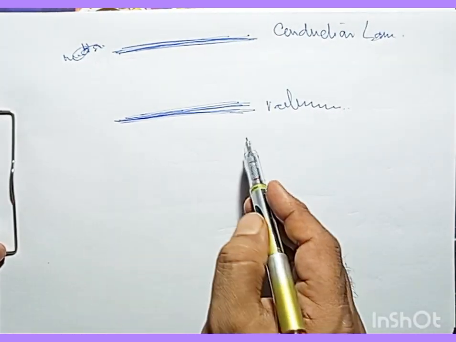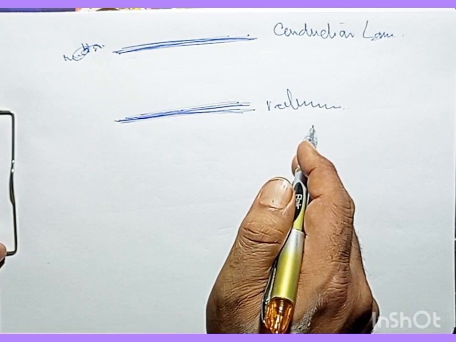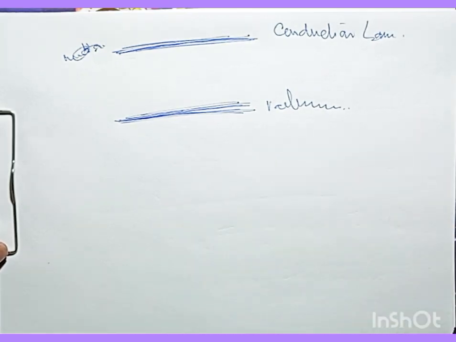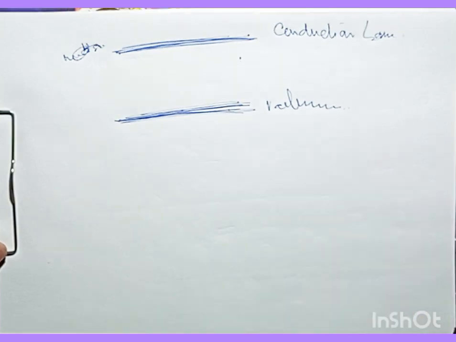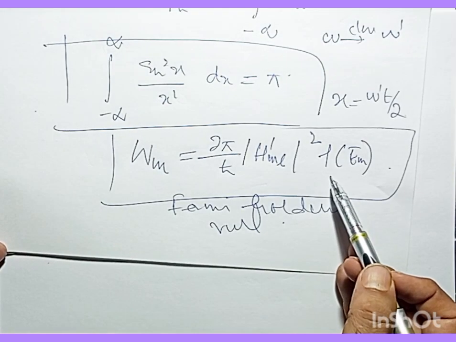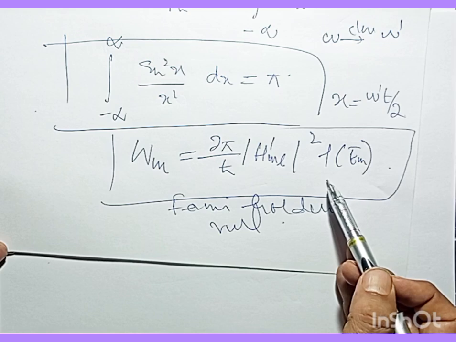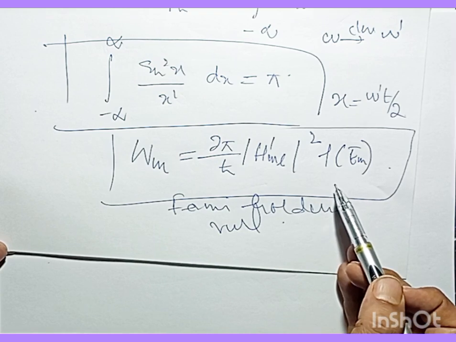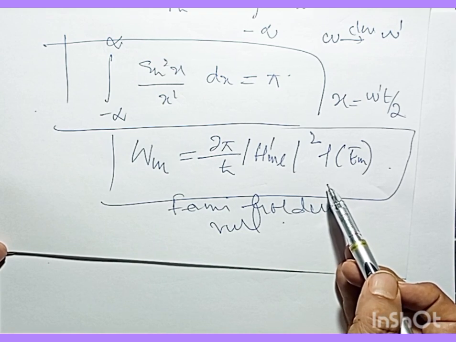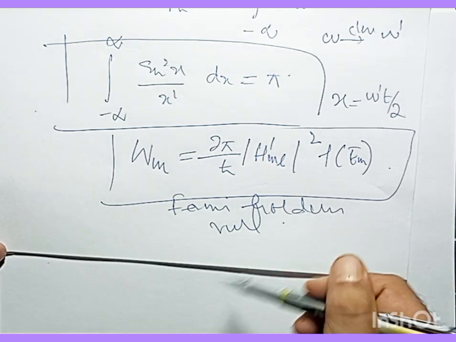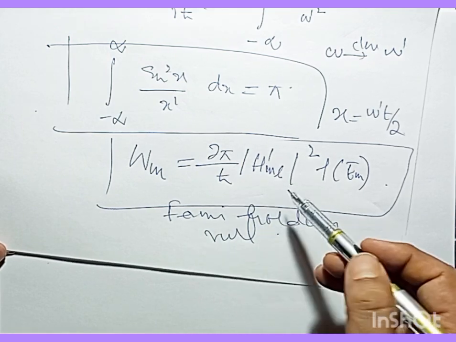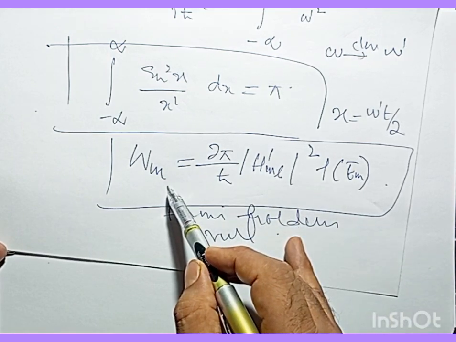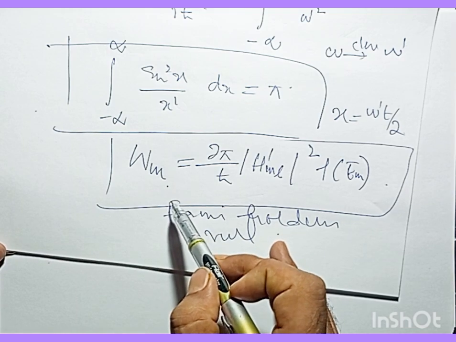Then this Fermi golden rule, as we have written it in this equation, yields the transition probability per unit time, and this rho Em is interpreted as the density of the final states. Likewise, if the final state is discrete and the initial state is a continuum, then this Wm also gives the transition probability per unit time.